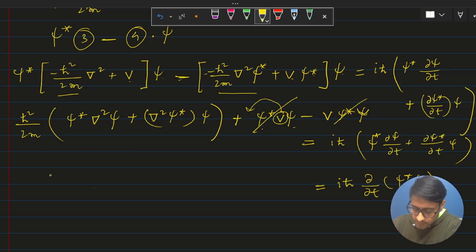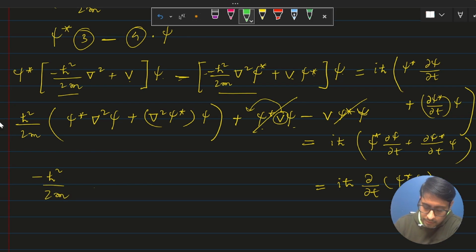Now we have h bar square. If I remember we took a minus sign, so minus h bar square over 2m.